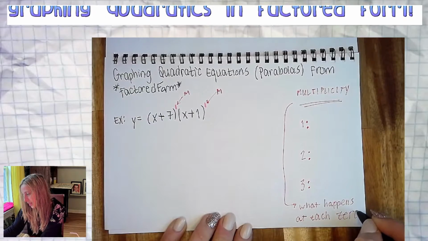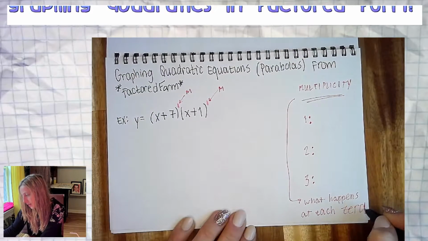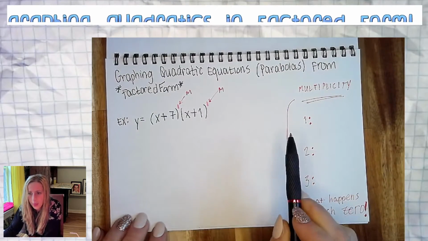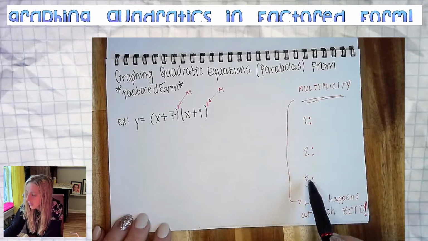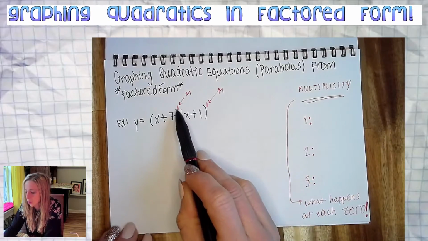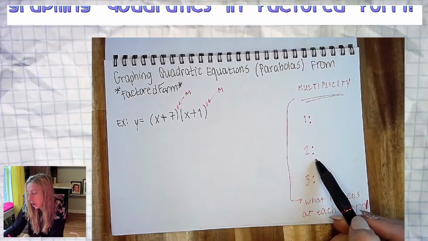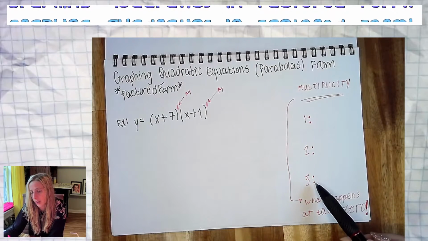And we just said that a 0 is an x-intercept. Does anybody remember the words that went with each of these? Like when this was 1, we said it was blank behavior. So we had an L word, a Q word, and a C word.